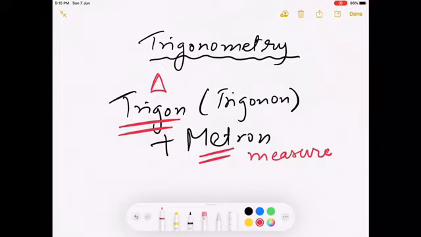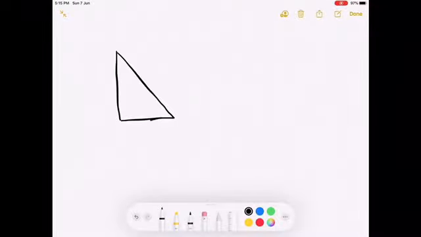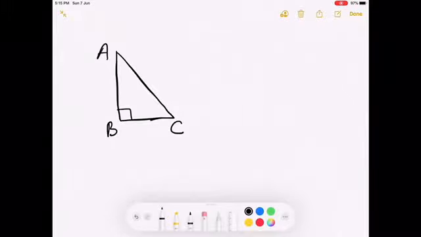So firstly we will be considering some right angle triangles, and then we will be seeing how we can move forward from there. So let us just consider a right angle triangle first, and we will consider a very famous theorem which is related to right angle triangles. Let us say that we have a right angle triangle ABC here.